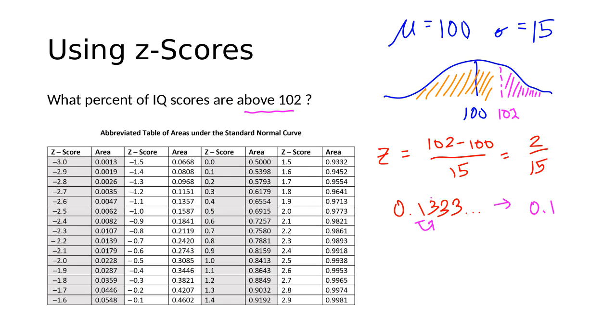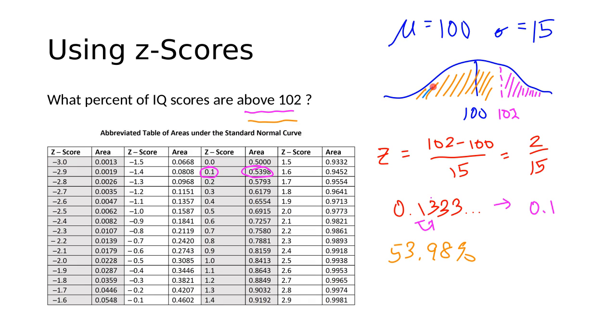So I know what the z-score is, so I can use my chart to find 0.1, and this gives me the area to the left of that value. 53.98%. So 53.98% of the data is to the left of an IQ score of 102, but I need to know how much of the area is to the right.